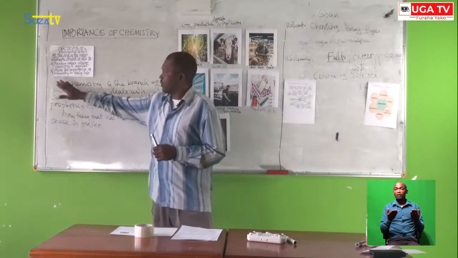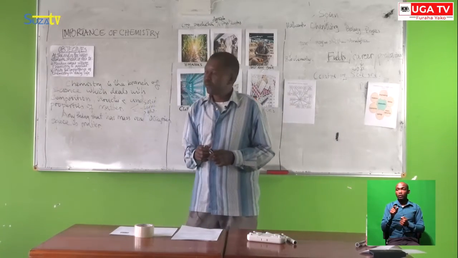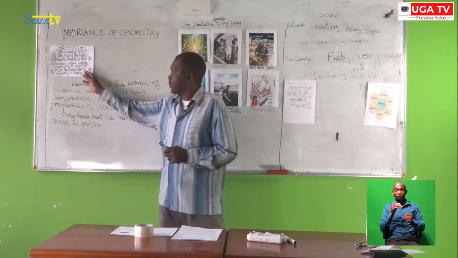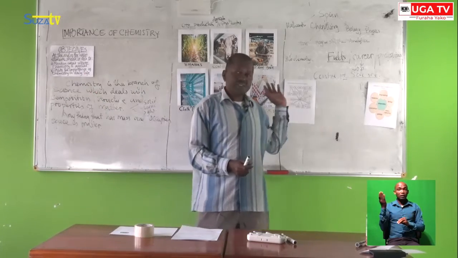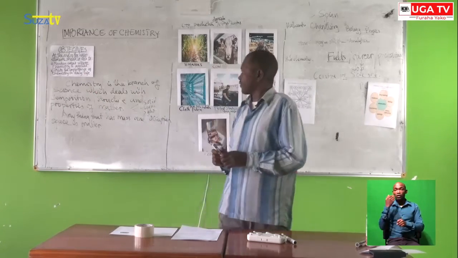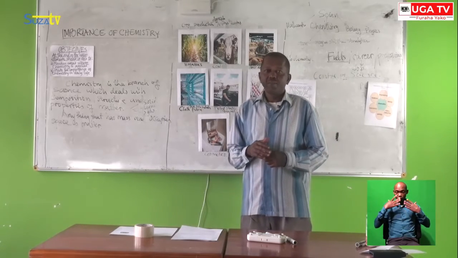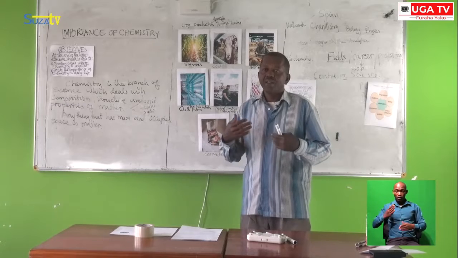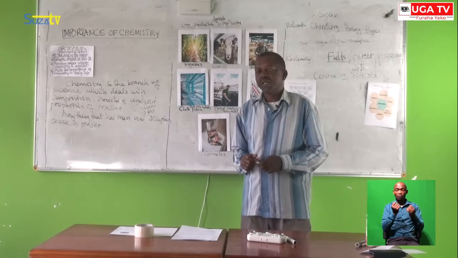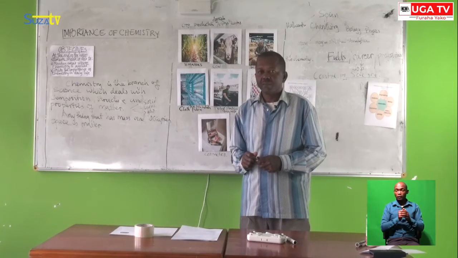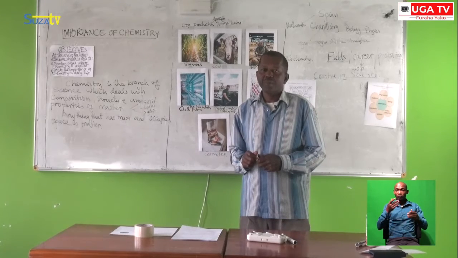And now I think you are able to state the importance of chemistry, since there is a lot of importance of chemistry. As I said, our body and our clothes are made up of chemicals.